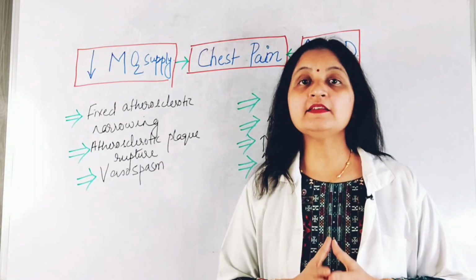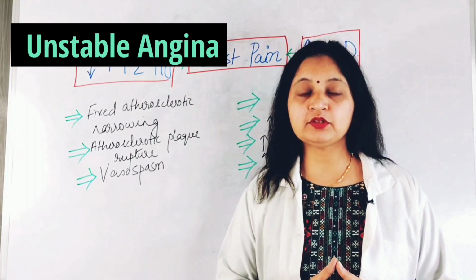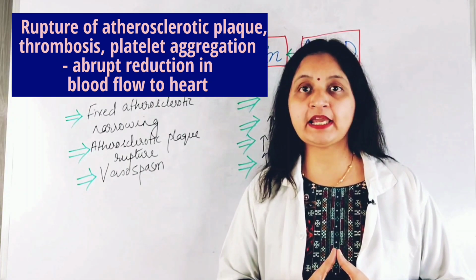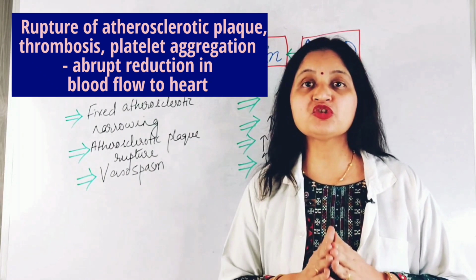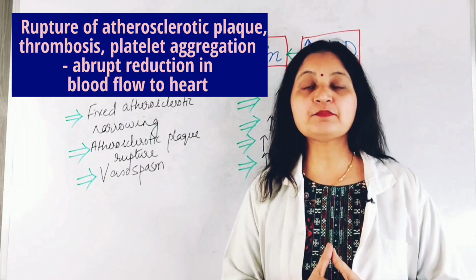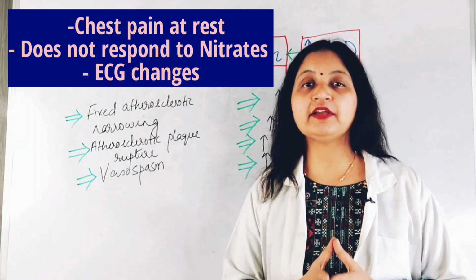On the other hand, unstable angina occurs due to abrupt reduction in the blood supply to the heart. This is because of rupture of an atherosclerotic plaque causing platelet aggregation and thrombosis, leading to obstruction of blood supply to the heart. So here the patient experiences pain at rest and does not respond to nitrates.